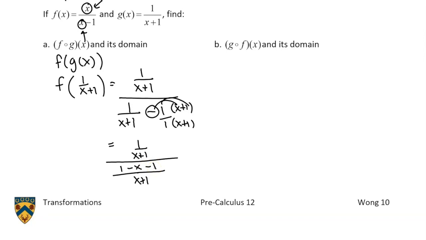And then if you join some like terms in this row here, you would have 1 subtract 1 would reduce with each other. And then you could clean that up. So we're left with something that right now says 1 over x plus 1, and it's going to be divided by negative x over x plus 1.